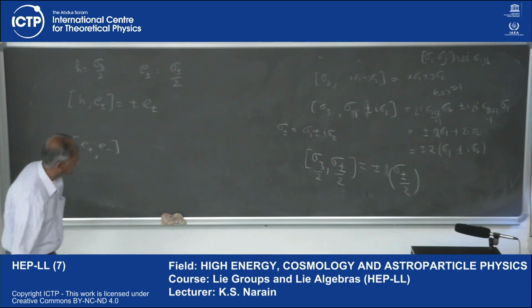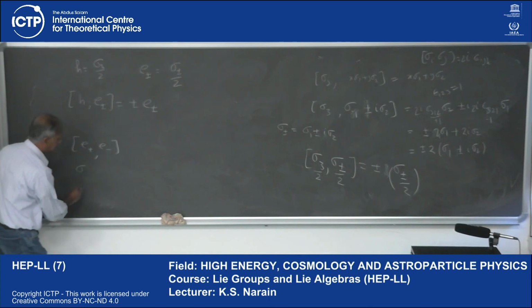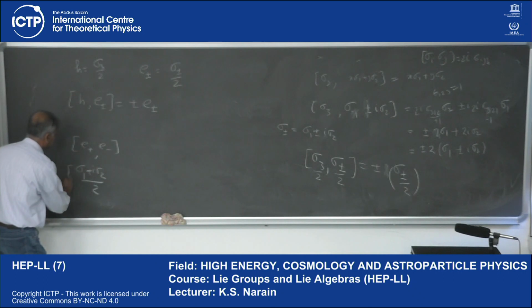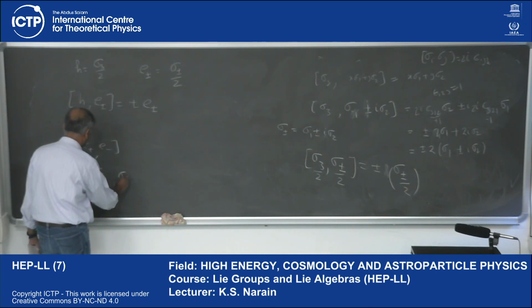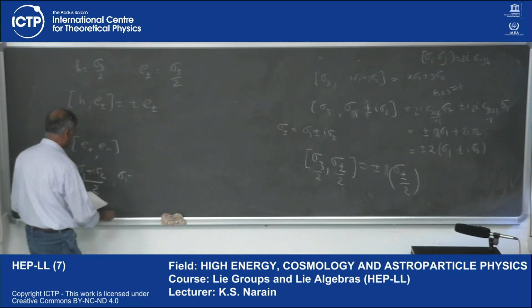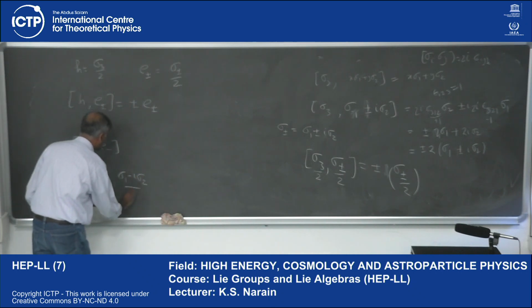So we can just plug that in here. What is E plus? E plus is nothing else but sigma 1 plus i sigma 2 divided by 2. And this one, E minus, was sigma 1 minus i sigma 2 by 2.